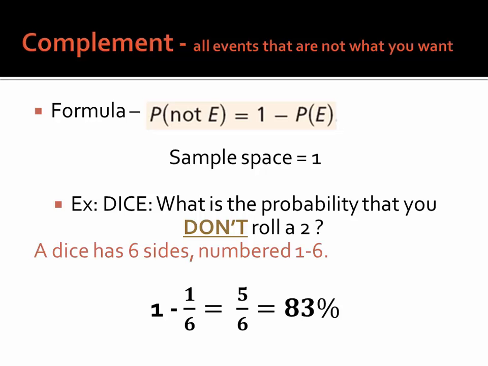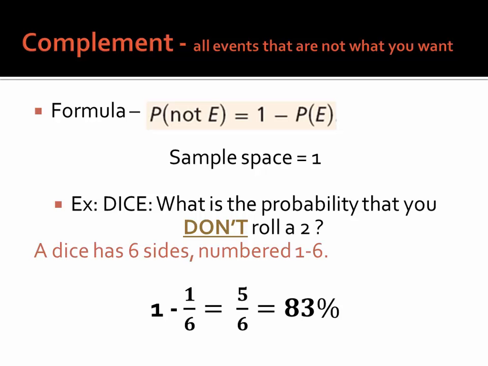Now, I want to talk to you about the complement of something, okay? The complement is always going to be 1 minus what we actually want to happen, okay? So whatever event we want. So let's say I had a dice, and I wanted to know what is the probability that you don't roll a 2. How many sides does a dice have? 6.